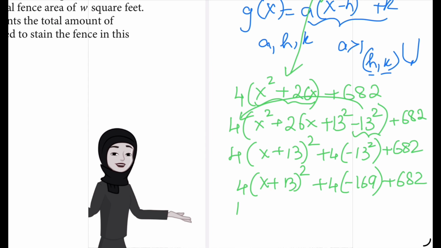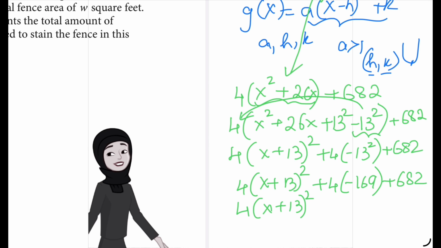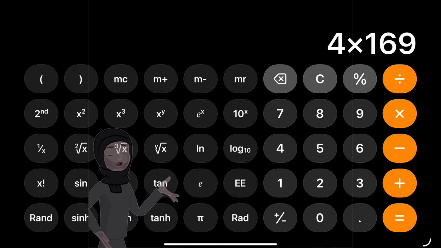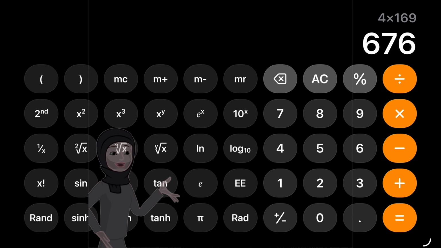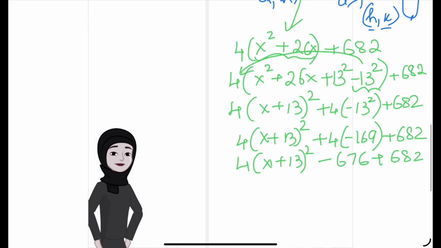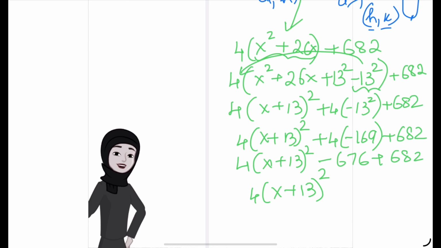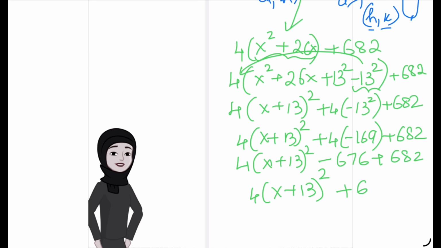Very carefully we have to simplify this. And then 4 times minus 169 is 676. 4 times 169 is 676. And after that we will be left with 4 times x plus 13 the whole square, and this minus 676 plus 682. When we combine it, you will be left with only plus 6.